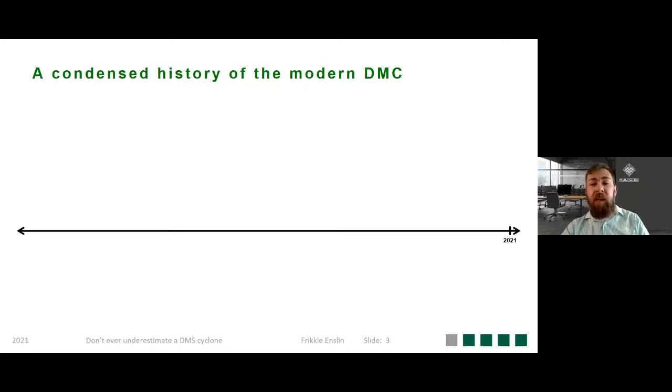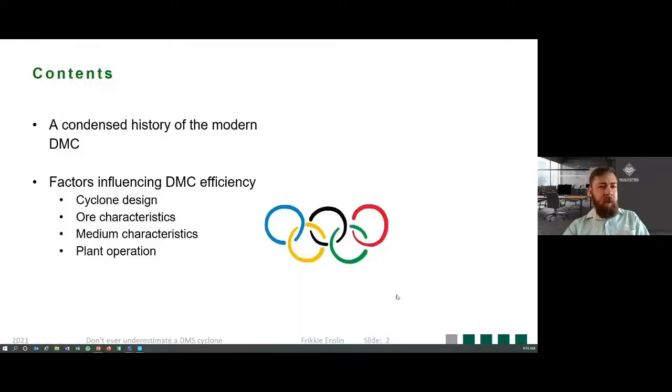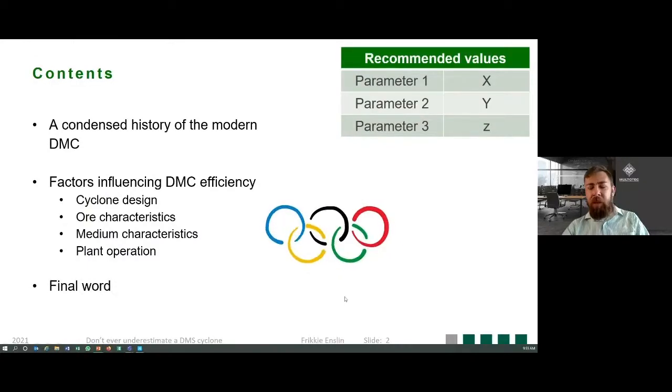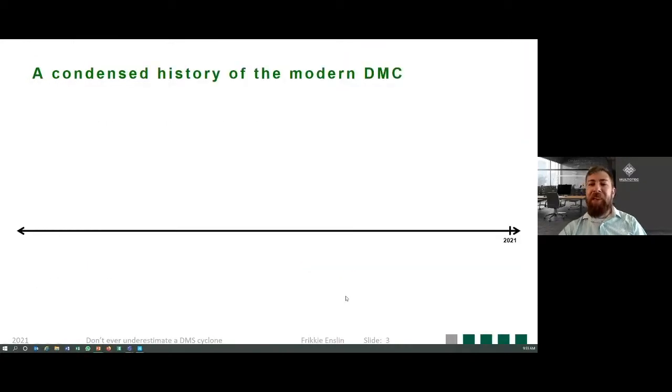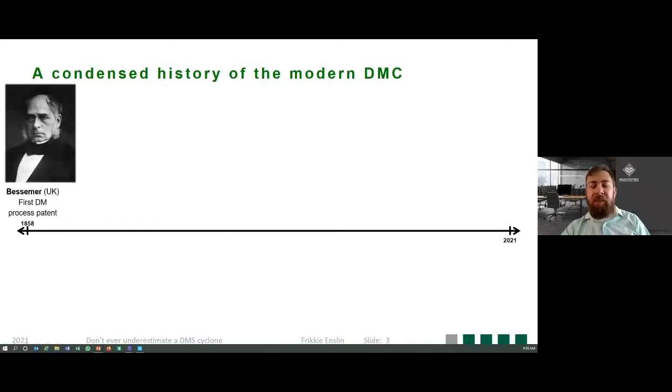So our story starts in 1858 with Henry Bessemer. Let me just get this rolling. Okay, so that wasn't awkward at all. So let's continue then. As I was trying to mention, our story started in 1858 with Henry Bessemer.